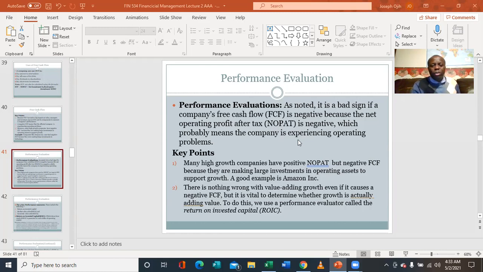Now, it's not always the case that it is bad when it is negative. Sometimes the company might be growing and doing significant investments in different projects. That might cause the free cash flow to be negative, which means that even though it's negative, the company is still adding value. If the company is not adding value, then it's a problem.